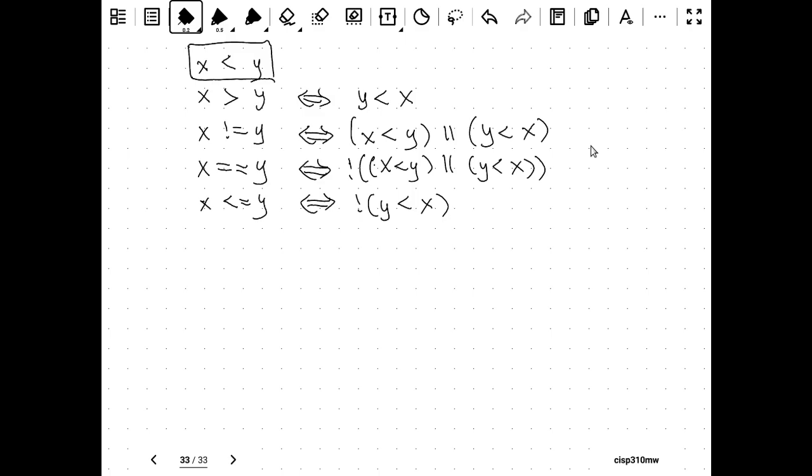So we got one more. x is greater than or equal to y just translates to: it is not the case that x is less than y. This is telling you that C++ has a lot of redundancy, because out of all the relational operators, this is the only one that you actually need. The other ones are nice to have, but you don't need them.